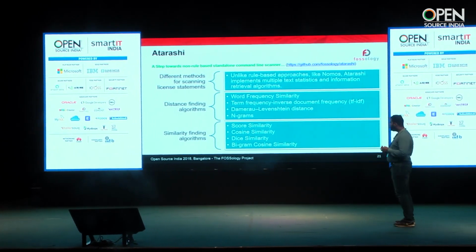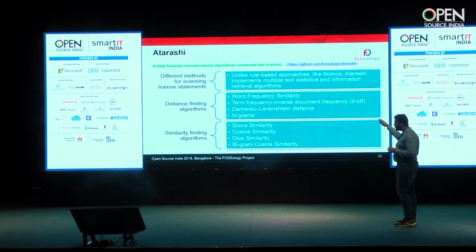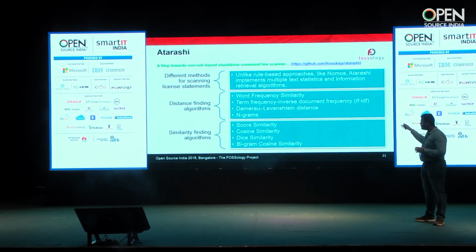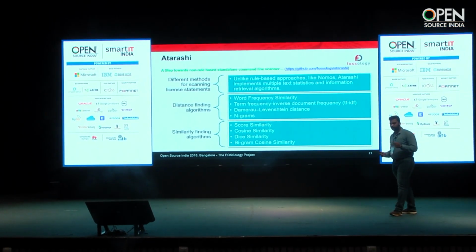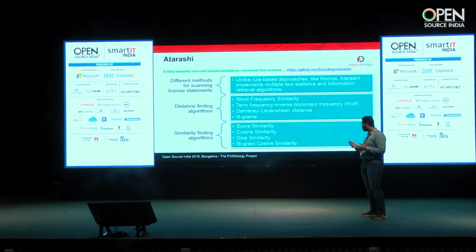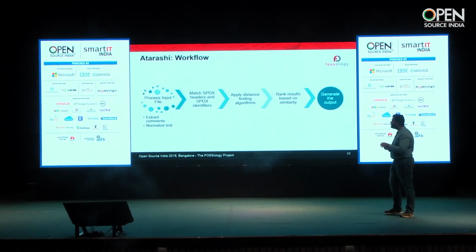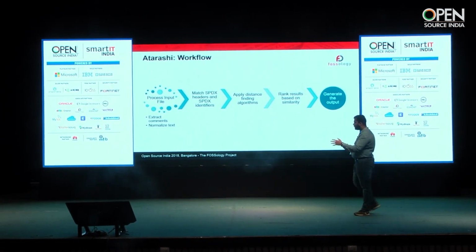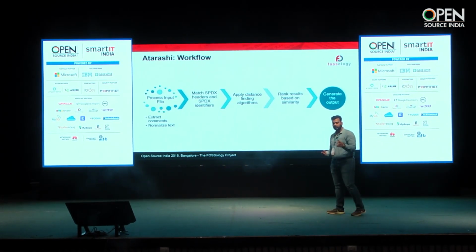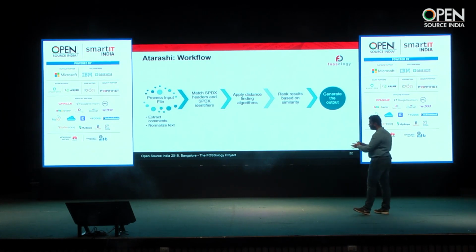And we give you 4 scanning algorithms and 4 different kinds of similarity algorithms. So this is the workflow of the tool. First you give any kind of file, so you give it a source file.